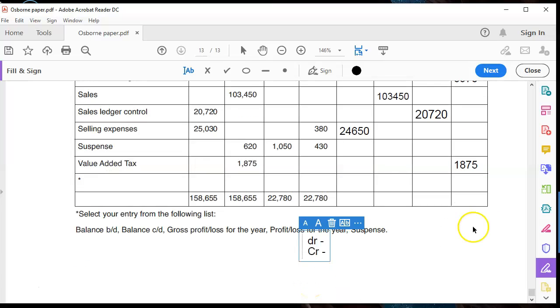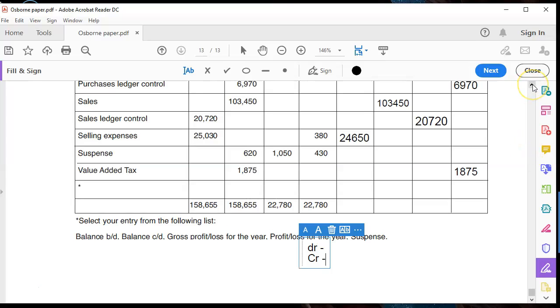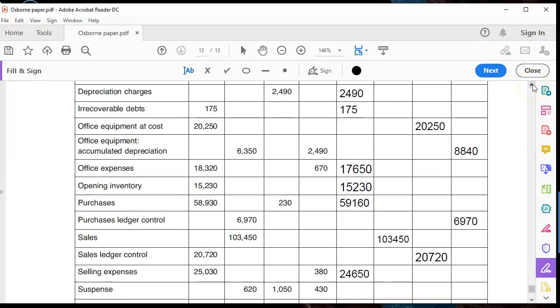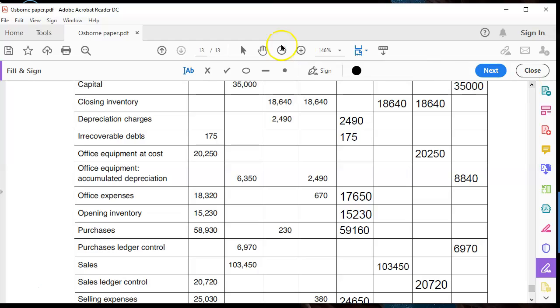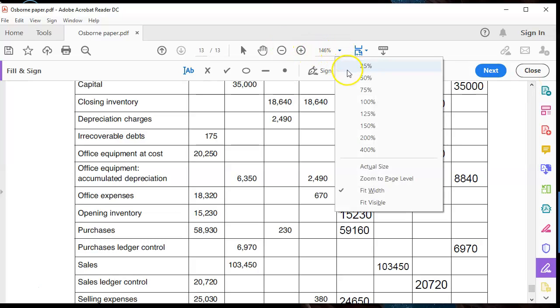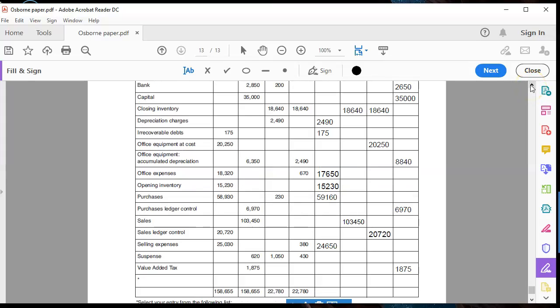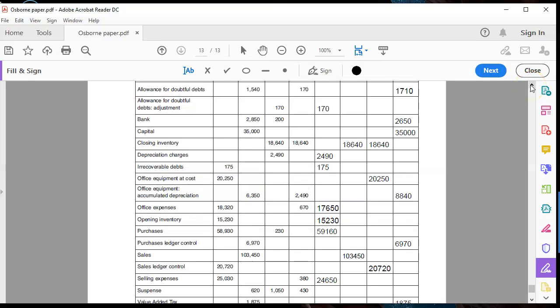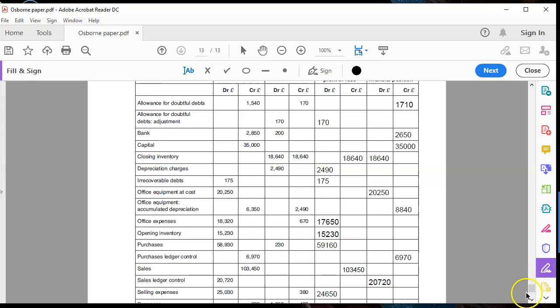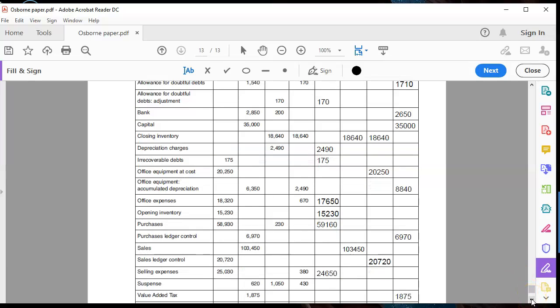Once you enter everything, do the debit and credit totals of your SPL. Okay, so let's check that. I may have to reduce the size a little bit so that I can see the full question here. So first I am doing the debit total of my SPL.